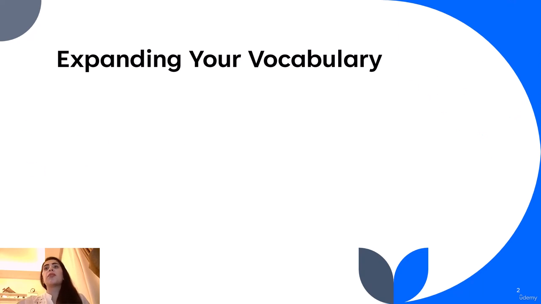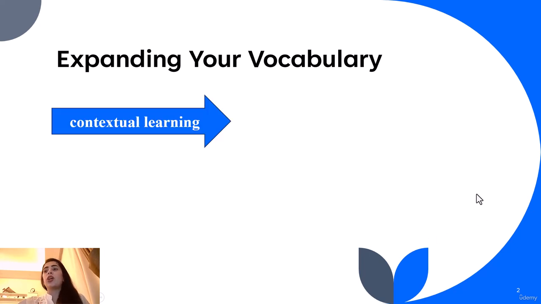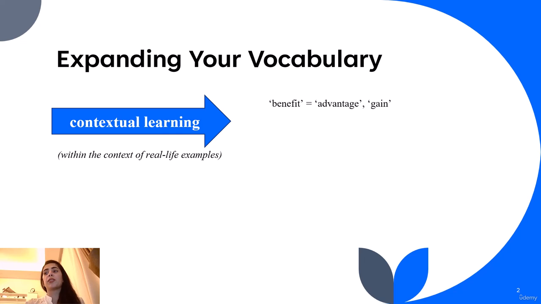Instead of simply memorizing lists of synonyms, focus on contextual learning. This means learning words within the context of real life examples, which helps you understand how and when to use them properly. For example, take the word benefit. Instead of memorizing a list of synonyms like advantage or gain, understand how these words are used differently in specific contexts.